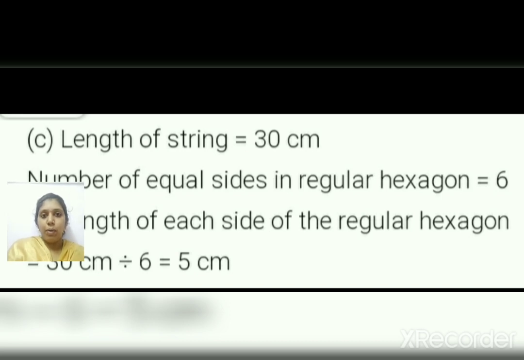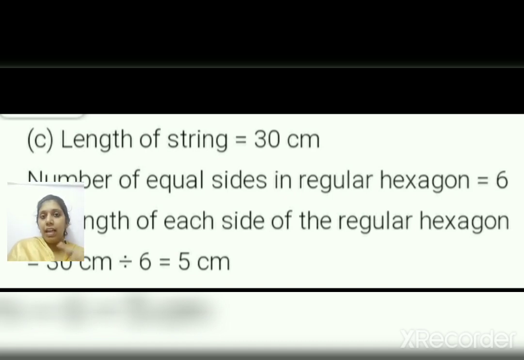C subdivision, regular hexagon. So I told you hexagon means it has 6 sides. Now the total length of the string is 30 centimeter. Using that 30 centimeter string, we have 6 sides. We have to find the length of each side. So totally there are 6 sides in a hexagon.